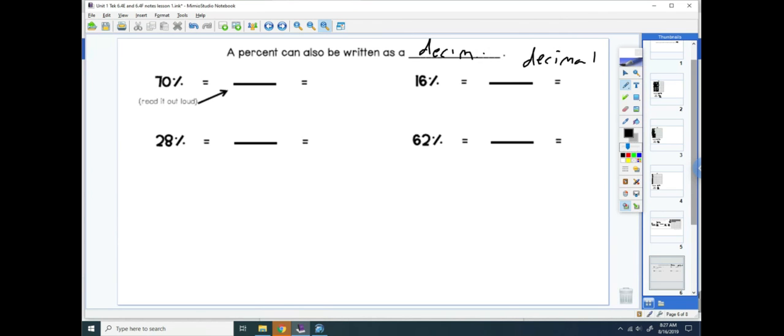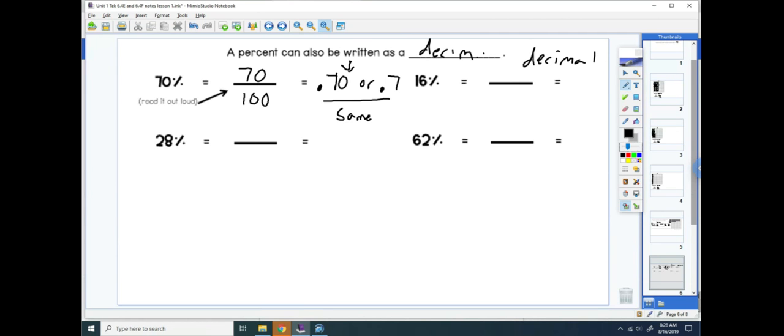So 70% can also be written as 70 out of 100, or 0.70, hundredths, or 0.7, tenths. These two decimals are actually the same. Basically, we just cut off a 0. So it's the same thing. There are two ways to write the same decimal.